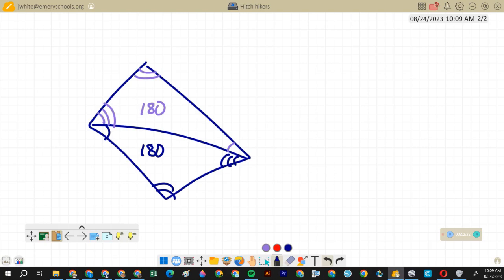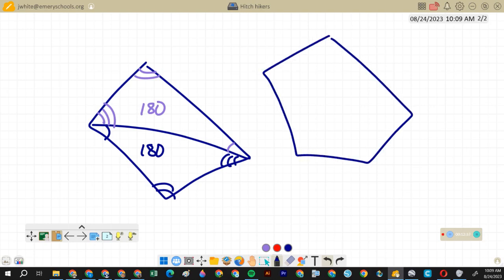What if it was a 5-sided object? Well, we pick a vertex, doesn't matter which one, and then we draw as many triangles as we can. 3 triangles. So 180 plus 180 plus 180 is 540. So this has an angle sum of 540 degrees.